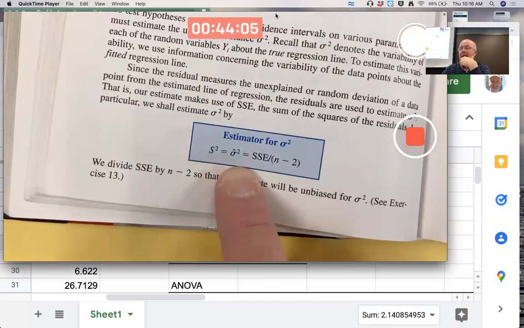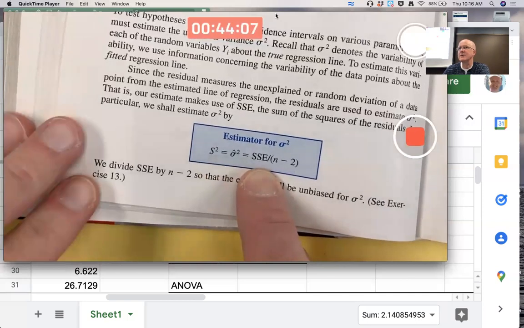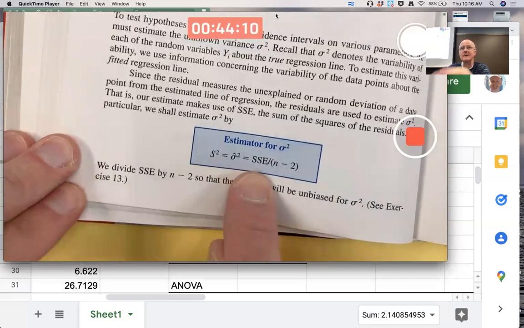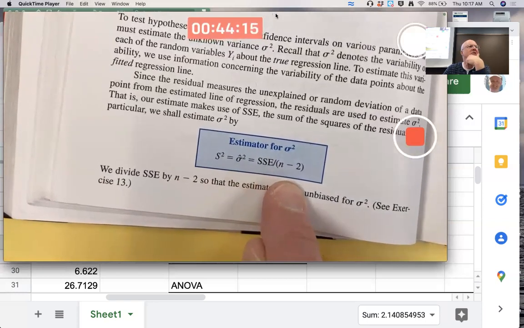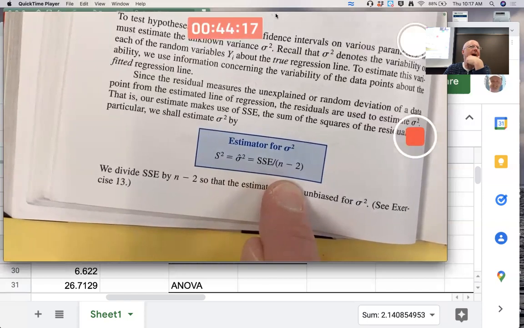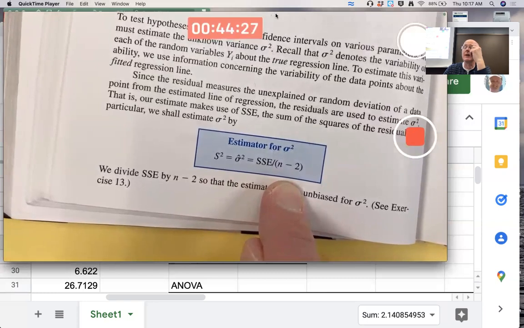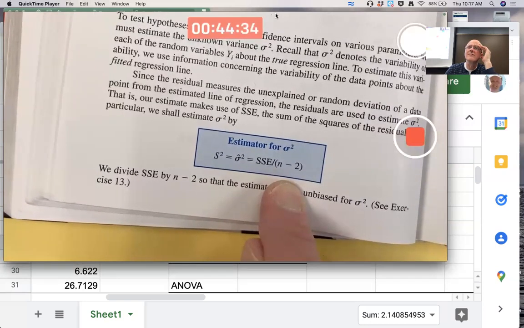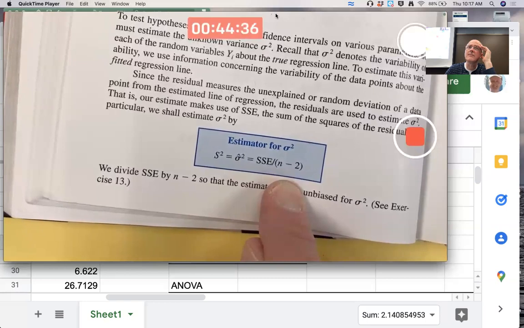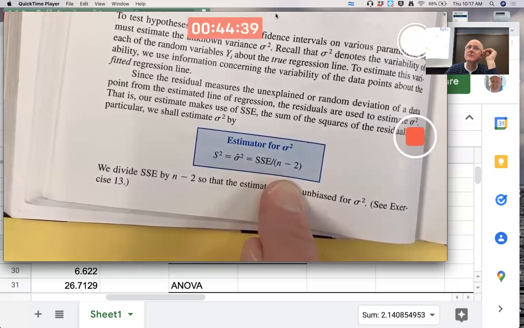S squared is SSE, our old friend from Tuesday, sum of squares of errors, where errors means residuals, divided by n minus 2, not n minus 1 or n. That's got to be related to S squared being some sort of unbiased estimator for some parameter. I haven't said what that parameter is yet, though. Pretty soon.